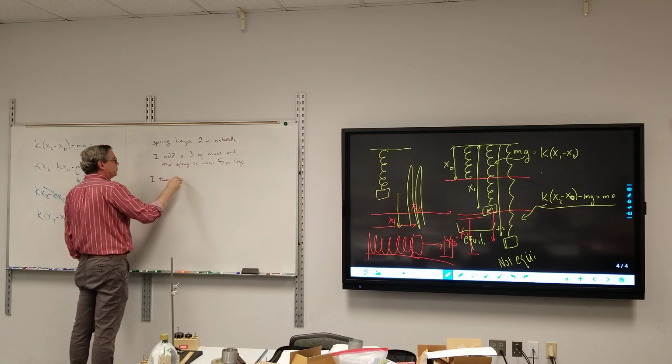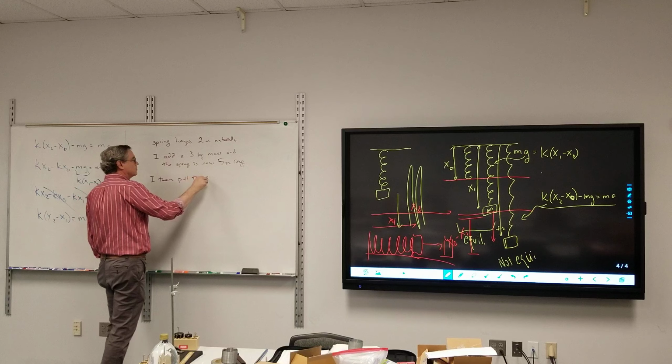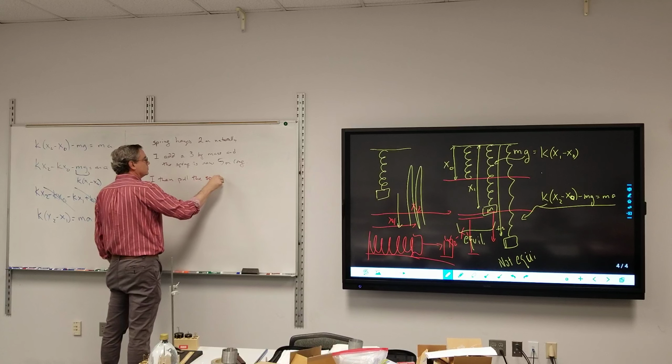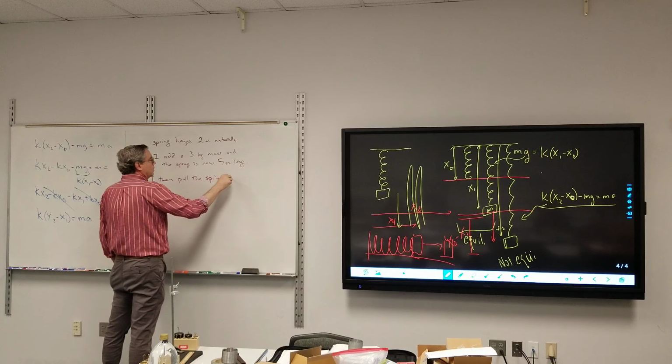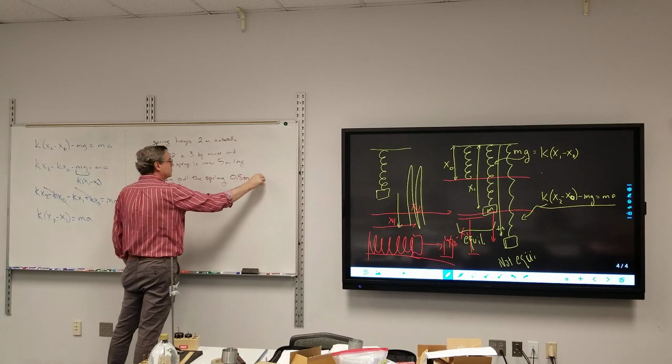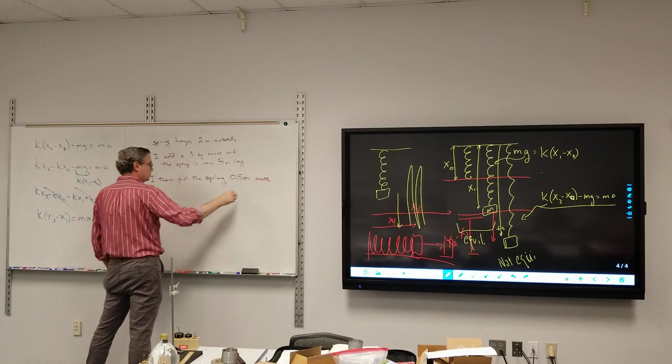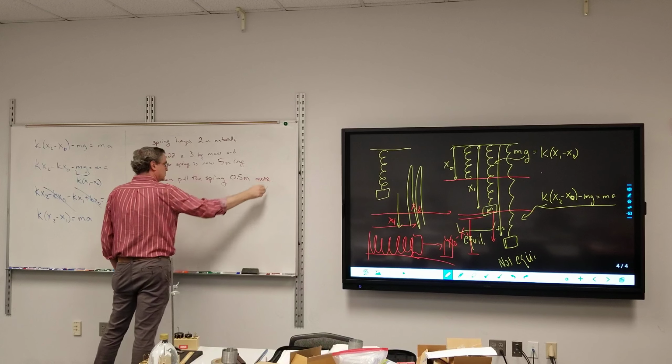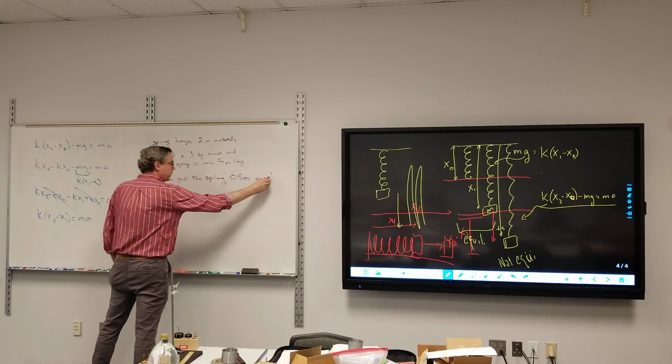I then pull the spring 0.5 meters more, and let go.